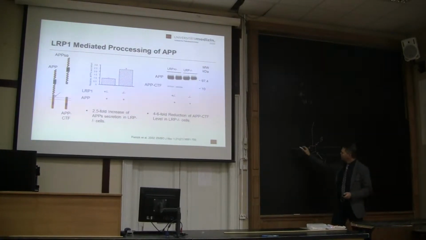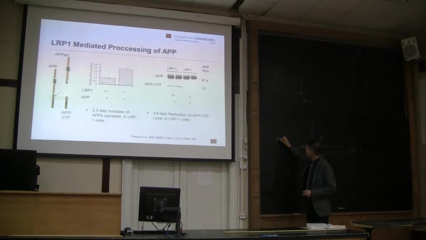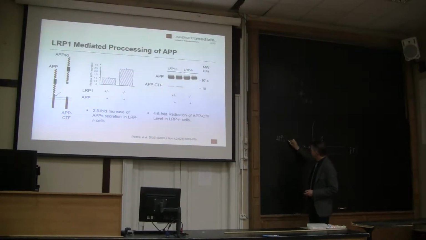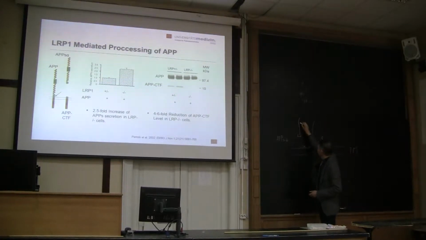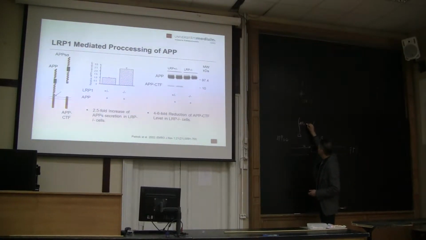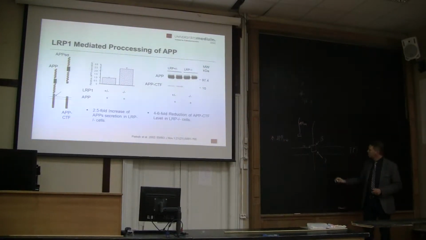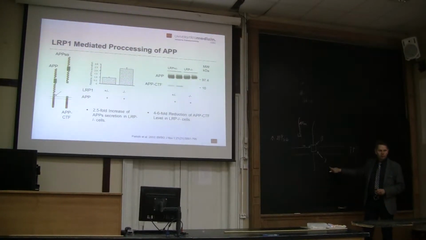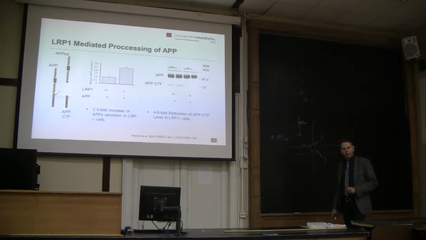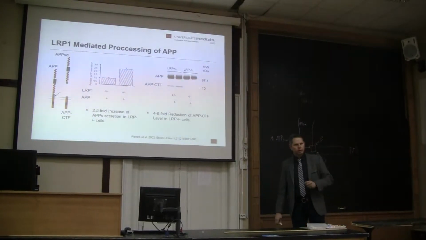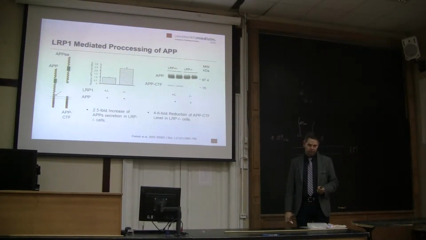So when we have an increase in APPS alpha, which is this part here, if that goes up, you have less substrate for beta and gamma. Therefore, if you have no LRP, you shouldn't generate A beta peptides. So that would mean LRP in your body is bad, theoretically, right?